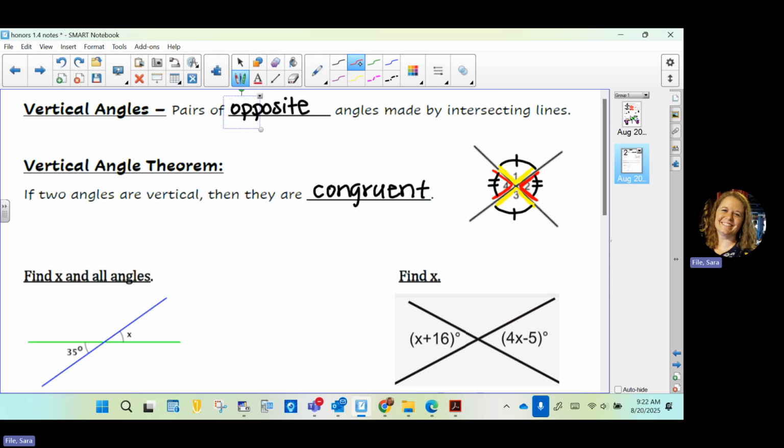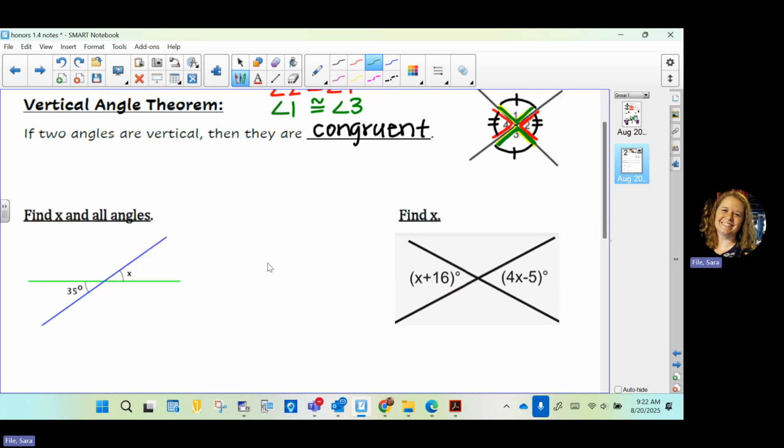I could say angle 2 is congruent to angle 4. I don't know if you're going to be able to see yellow. Maybe I should switch my color. I'll switch it to green. Angle 1 is congruent to angle 3. Good with vertical angles? Yeah. Okay. Let's try it.